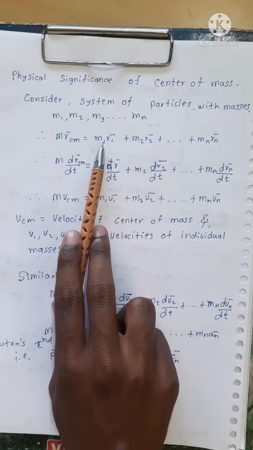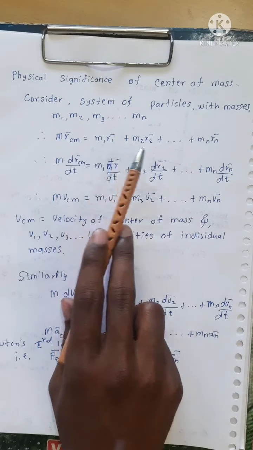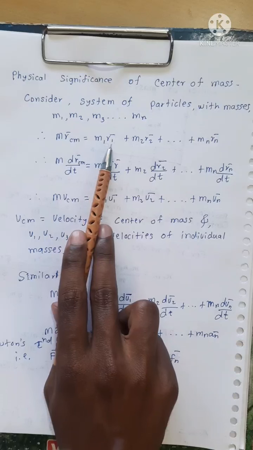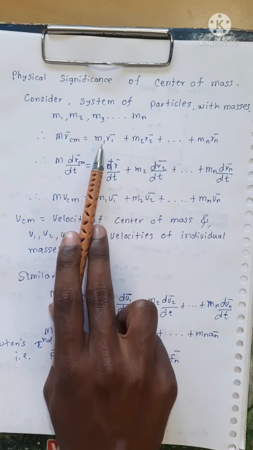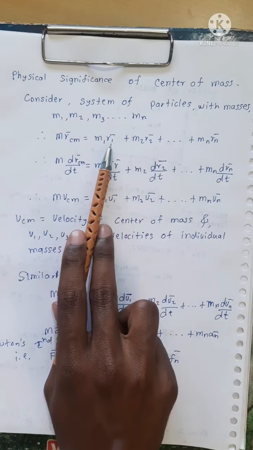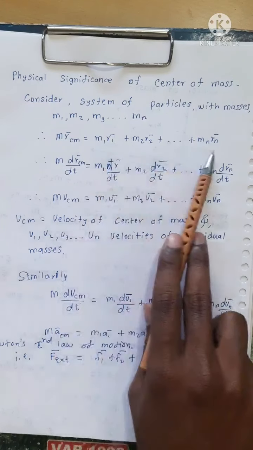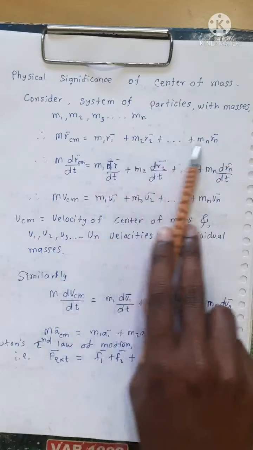On the RHS we write it in terms of individual components, like m1 r1, that is the mass of the first particle and its distance from the origin or axis of rotation.